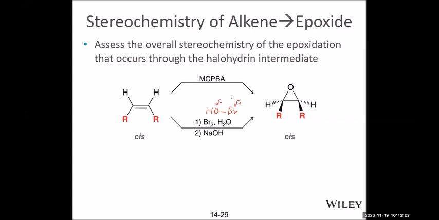Of course, bromine will add first because bromine is electrophilic, and the double bond is abundant in electrons. So that's the first step. We add to become a halohydrin, and then the second step, the base catalyzes the intramolecular SN2 reaction to form the epoxide.